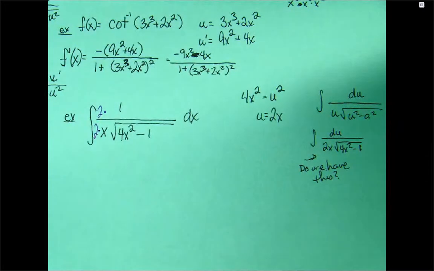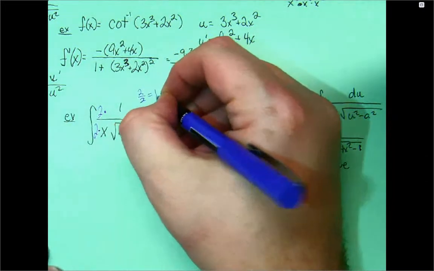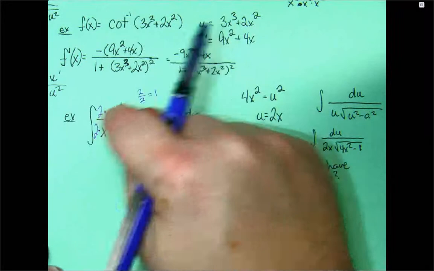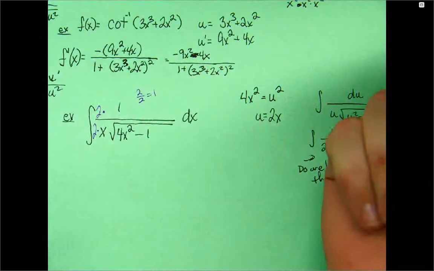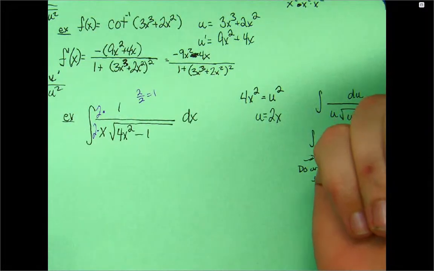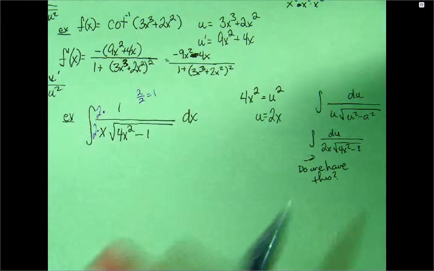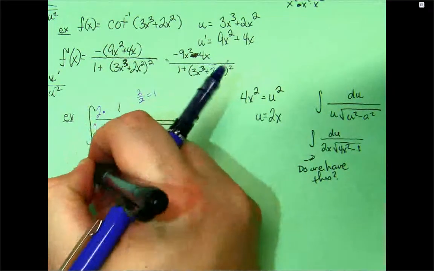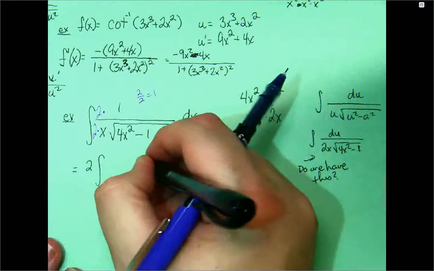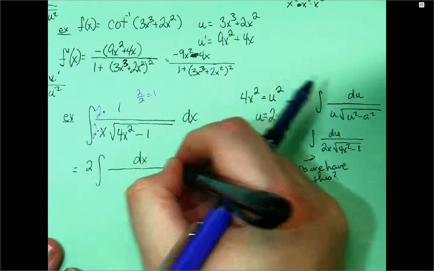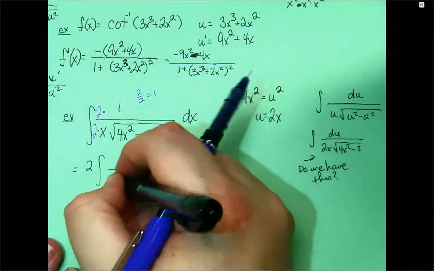If I multiply this integral by 2 over 2, am I multiplying it by anything that's going to change anything? No. So now I can rewrite this as 2 times the integral of dx over 2x times the square root of 4x squared minus 1, to make it look like the rule.